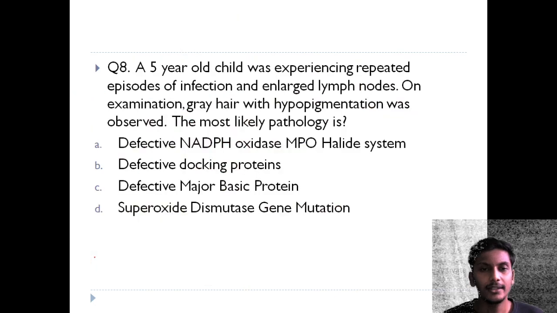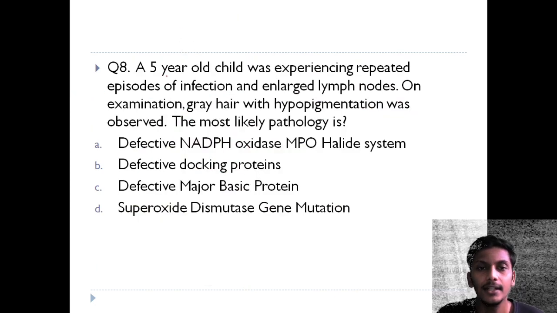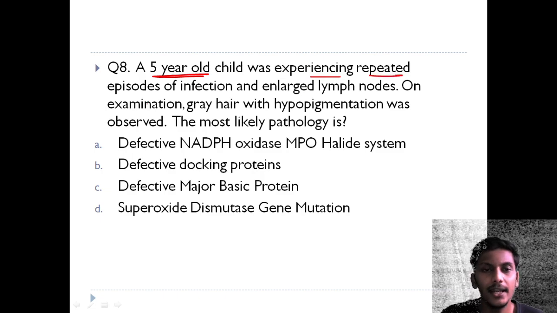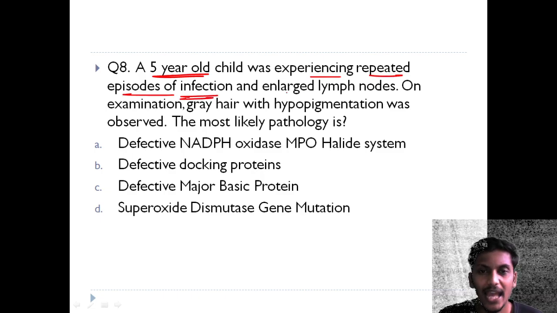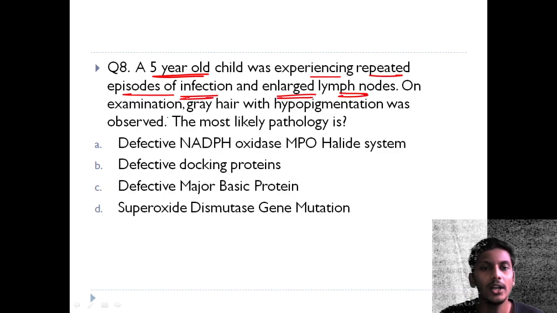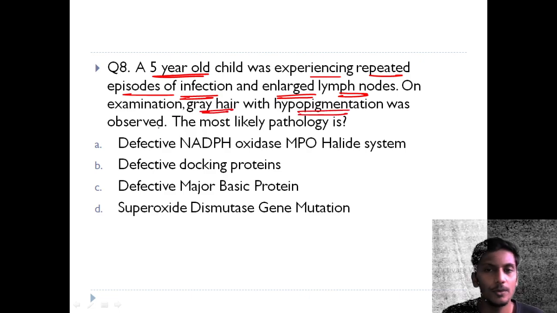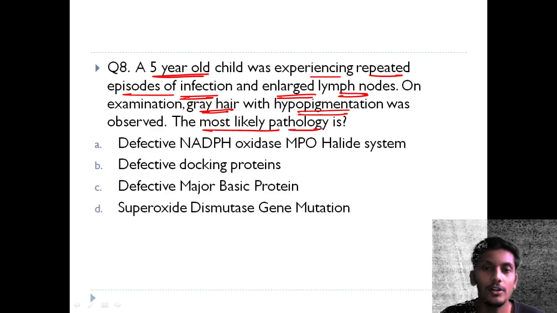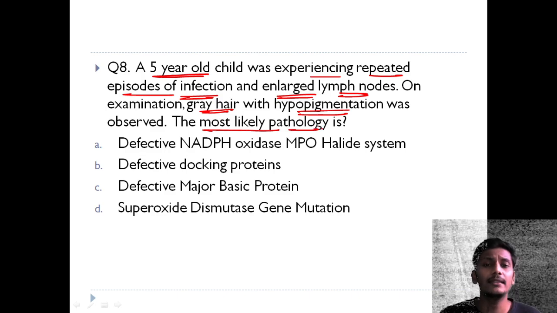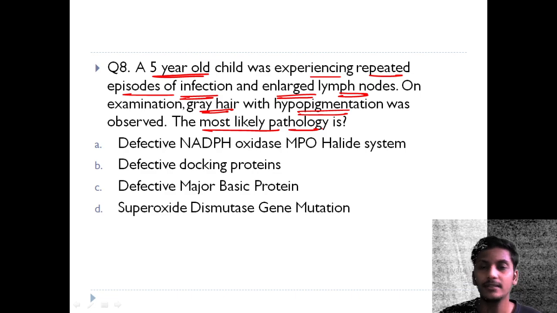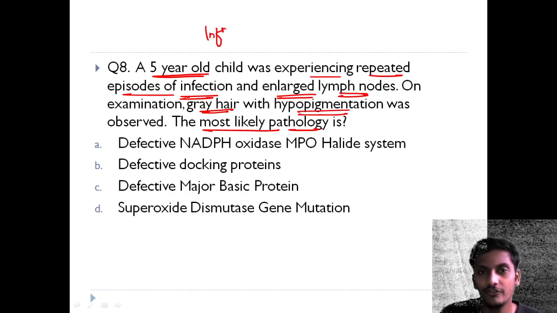Moving further to our next question, question number 8, that states, a 5-year-old child was experiencing repeated episodes of infection and enlarged lymph nodes. On examination, gray hair with hypopigmentation was observed. The most likely pathology is? What we can see over here is a 5-year-old child experiencing repeated episodes of infection.